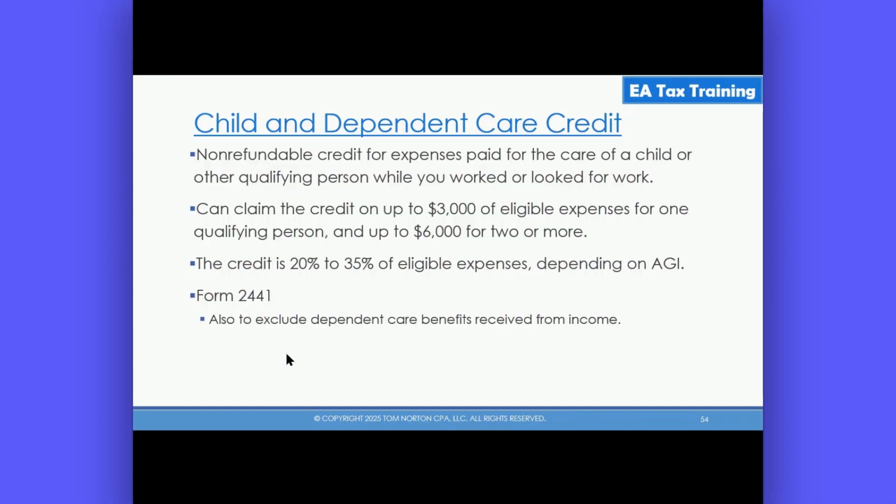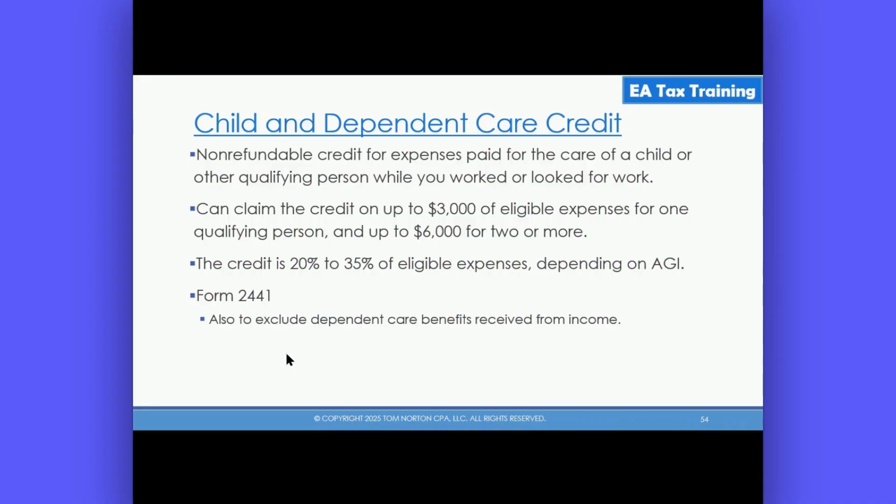You can claim the credit on up to $3,000 of eligible expenses for one qualifying person and up to $6,000 for two or more. So it is $3,000 per eligible person. However, it is a maximum of $6,000. So if you've got three or more qualifying children or other persons, your maximum is still going to be $6,000 of expenses that you can use to claim the credit.